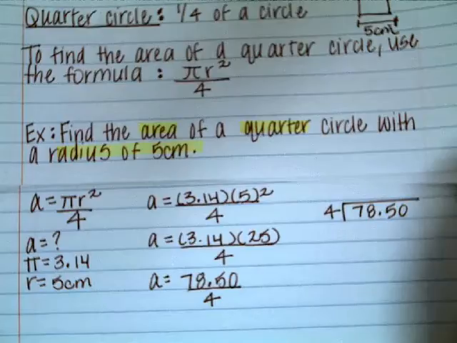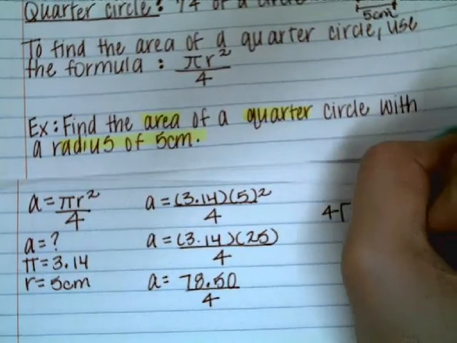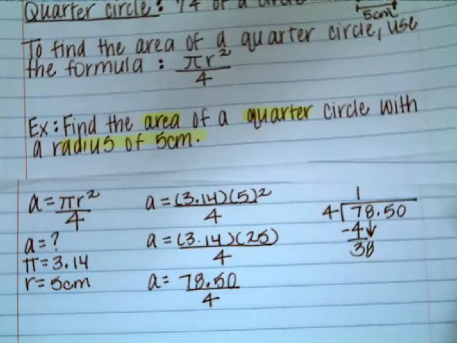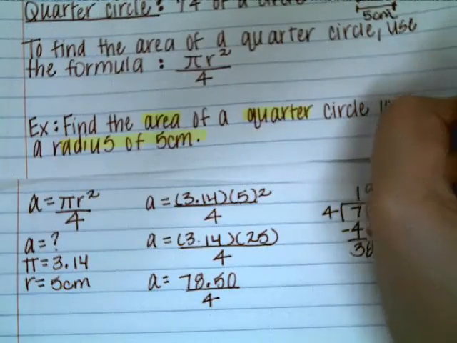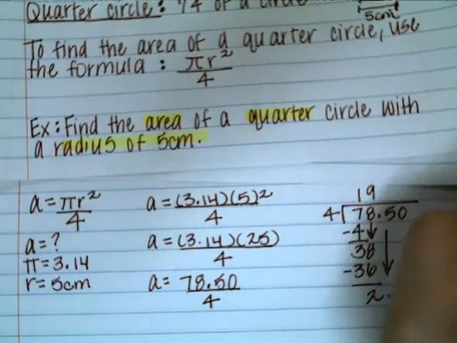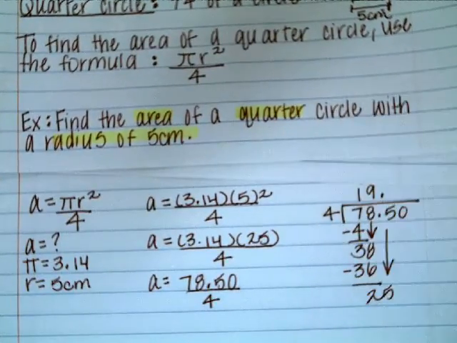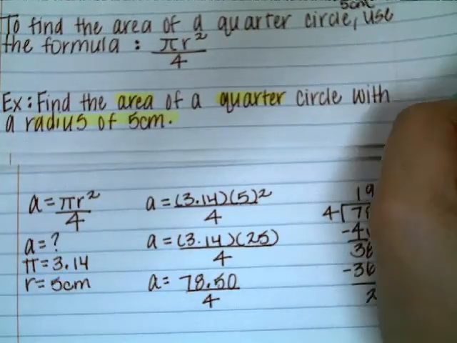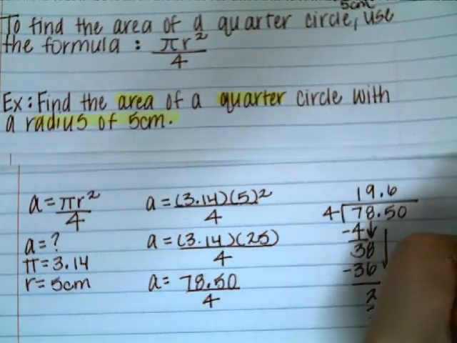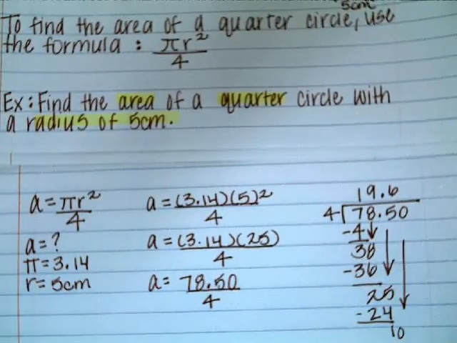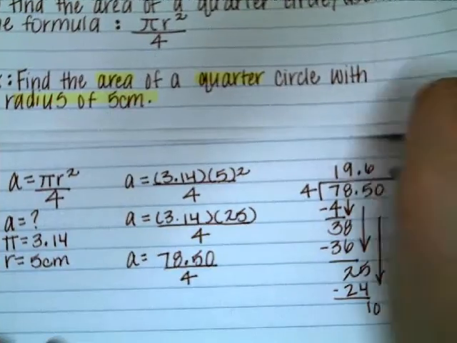4 can go into 7 one time. 4 can go into 38 9 times. 4 can go into 25 6 times. 4 can go into 10 2 times.